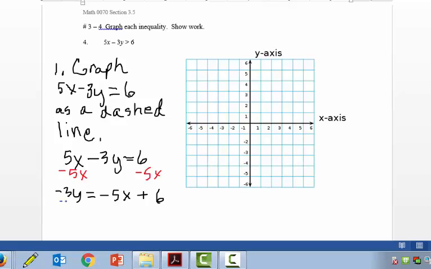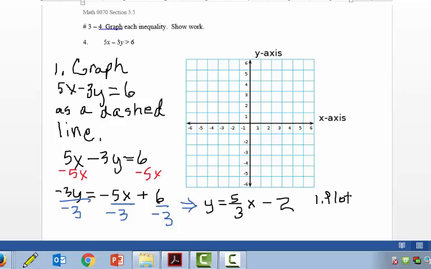And now I'm going to divide every term by negative 3. And so I get y equals 5/3 x minus 2.